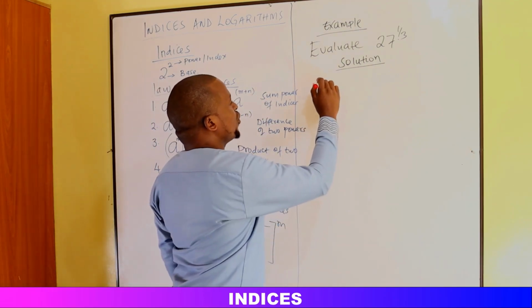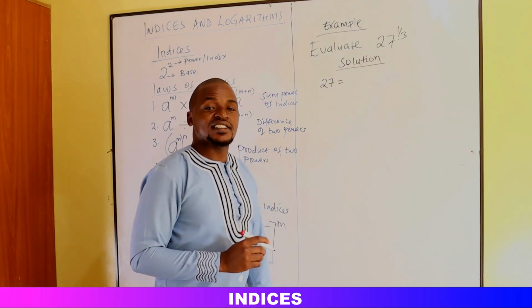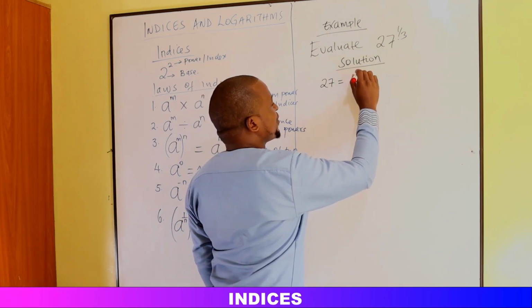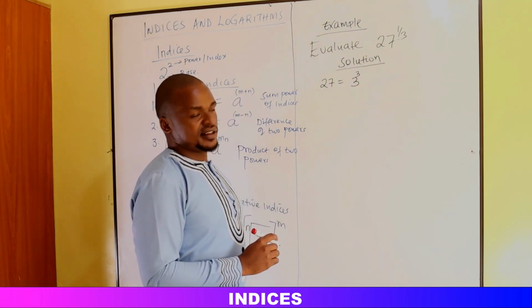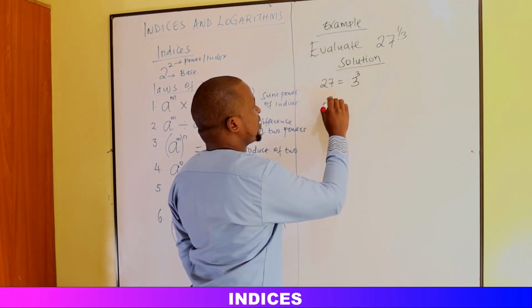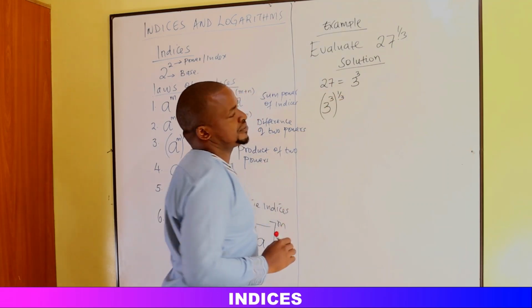First of all, we can write 27 with prime factors, which is 3 raised to power 3. So the same as saying 3 power 3, then raised to power 1 over 3.